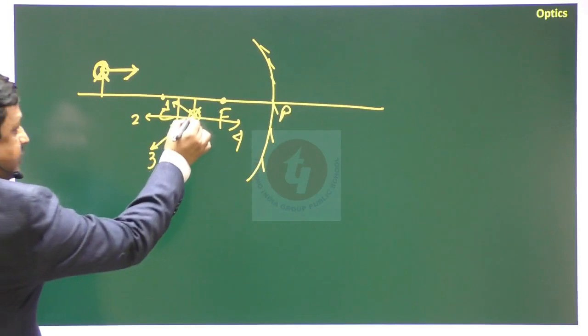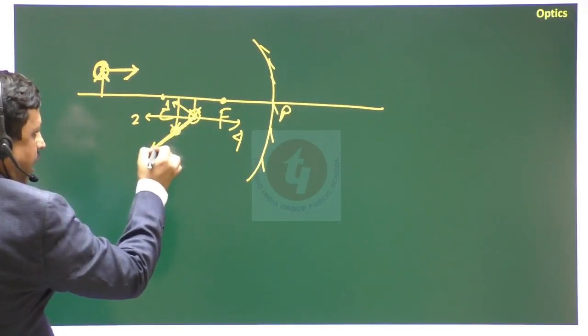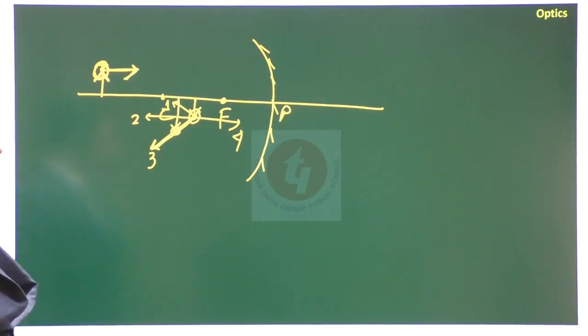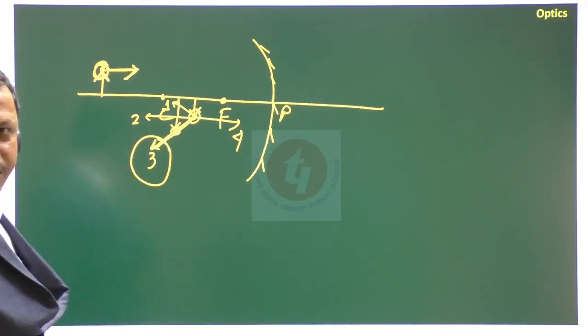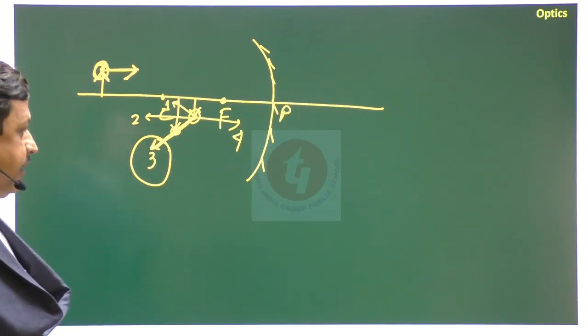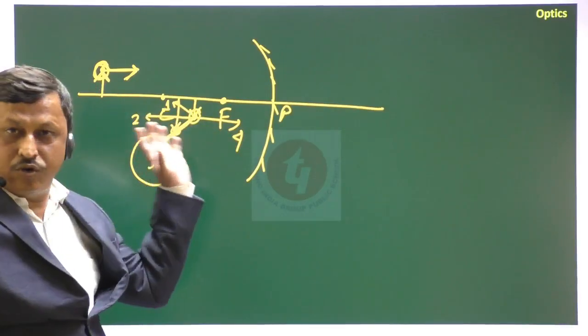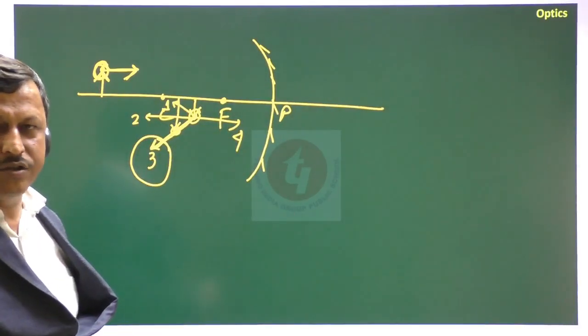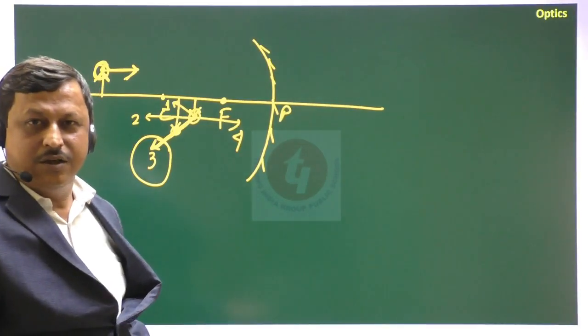That means this point will move along line 3, right? That means 3 is the correct option. Okay, is it clear? Like this we will discuss some questions in the next class also. This is for today's class. Okay, thank you.